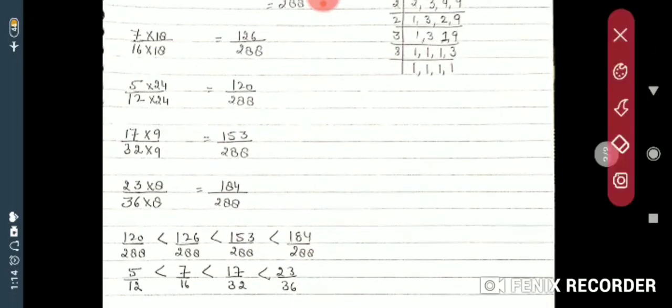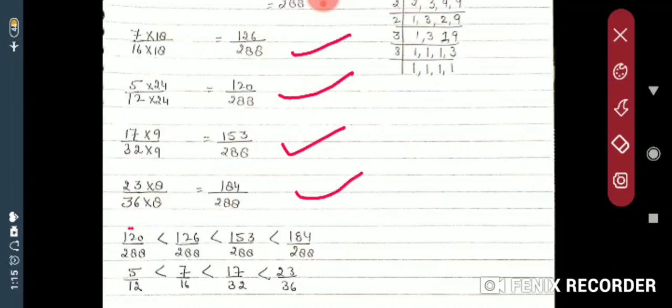Now, ascending order means small to big. Which is the smaller number? 120 upon 288. Then 126 upon 288. Then 153 upon 288. Then 184 upon 288. Small, big, bigger, biggest.